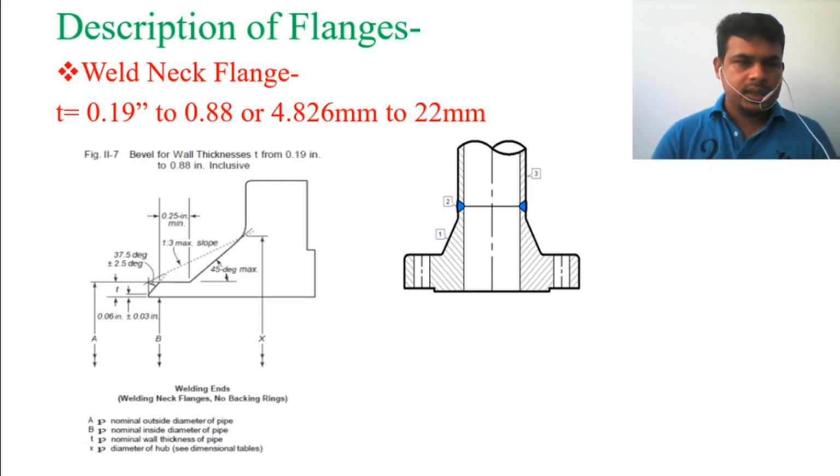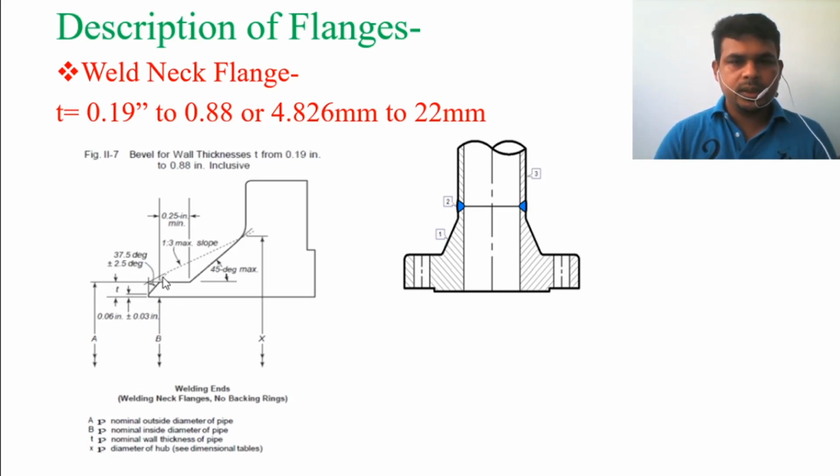A is the nominal outside diameter of the pipe, B is the inside diameter of the pipe, and T is the nominal wall thickness of the pipe. The nominal wall thickness of the pipe and the flange wall thickness should be the same.